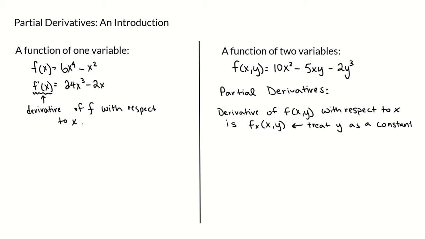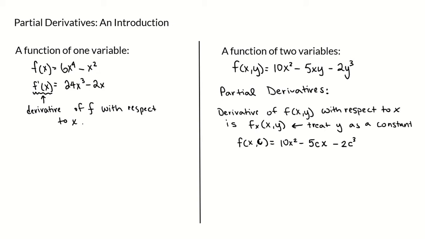So just to show that, I'm going to rewrite our function, and instead of y, I'm going to put c for constant. So f of x and some constant would be 10x squared minus 5, replacing y with constant, times x minus 2 times some constant cubed.